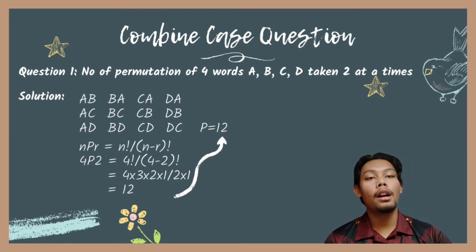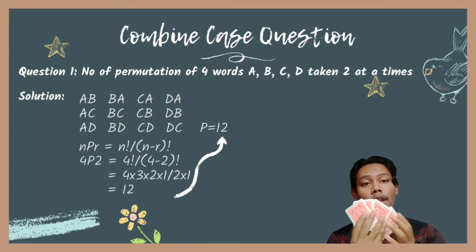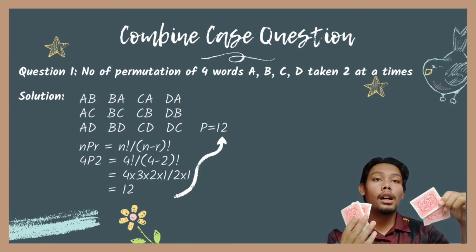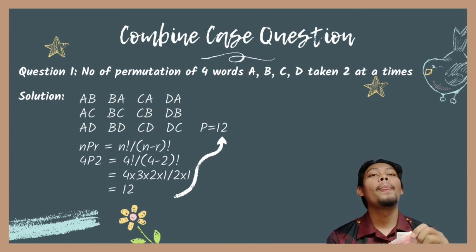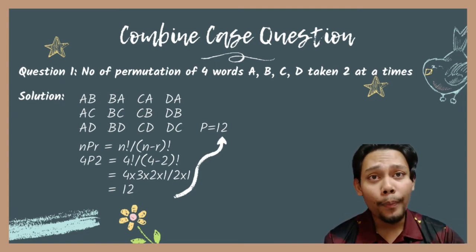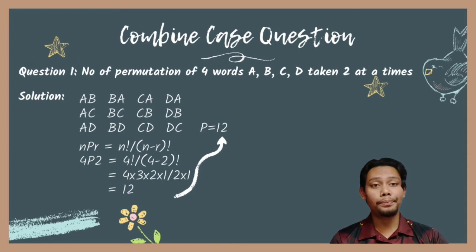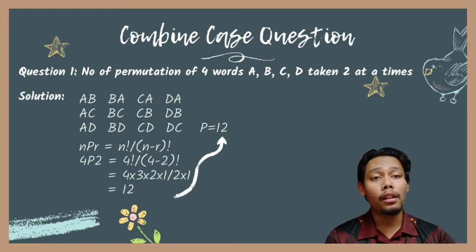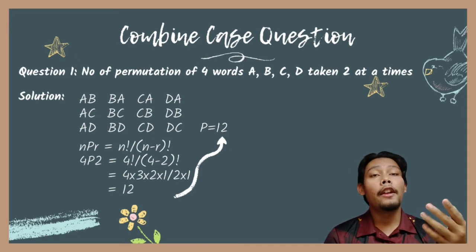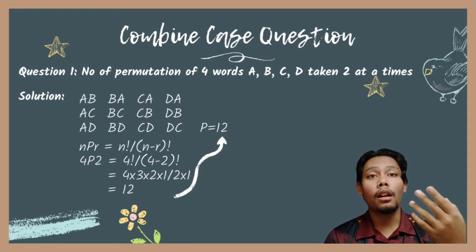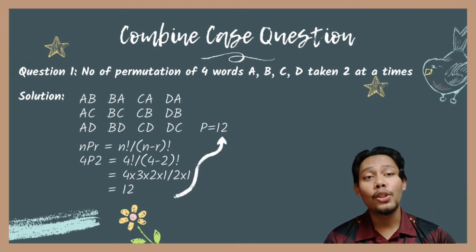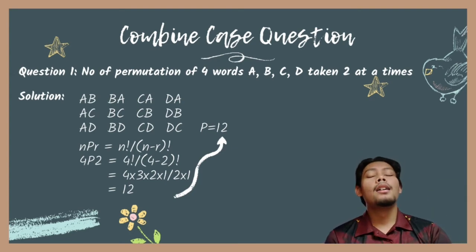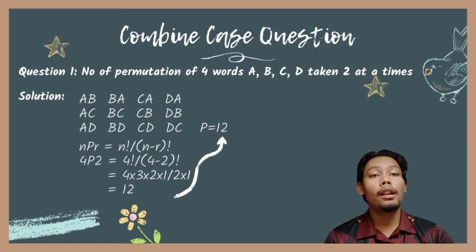We have 4 different words here, and Ali will take 2 at a time, so n is 4 and r is 2. So we write 4P2 equals 4 factorial, because n is 4, divided by 4 minus 2 factorial, because r is 2. 4 minus 2 factorial equals 2 factorial. So 4 factorial divided by 2 factorial.